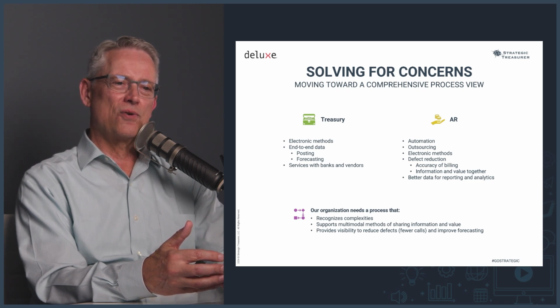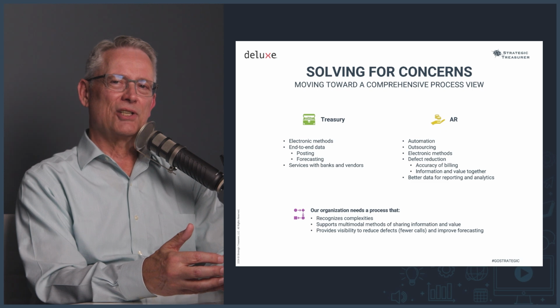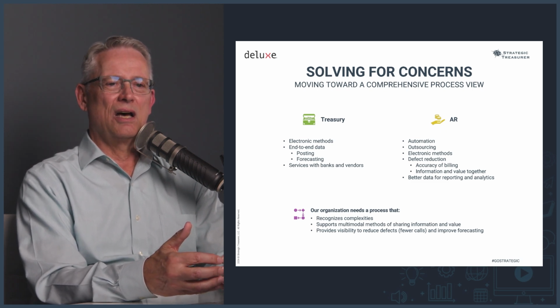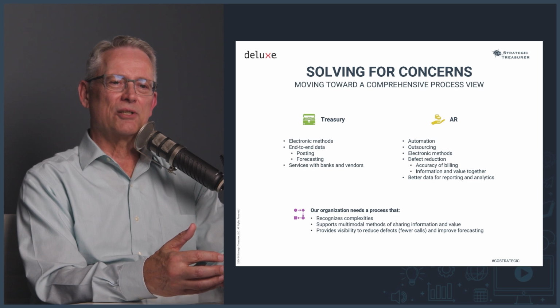I think that also one of the potential solutions is coming up with a common set of reporting elements, so that we're all looking at the same things and understanding how it affects each of our organizations, to give the same visibility to everybody, because there are different areas within the company that might be able to help resolve some of those issues, the short pays, the disputes, things of that nature.